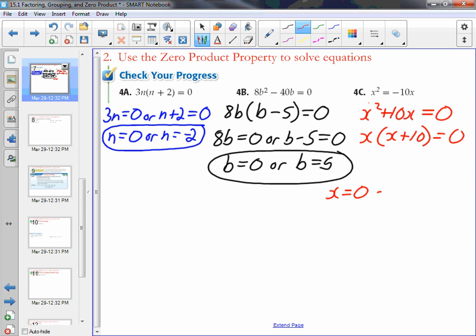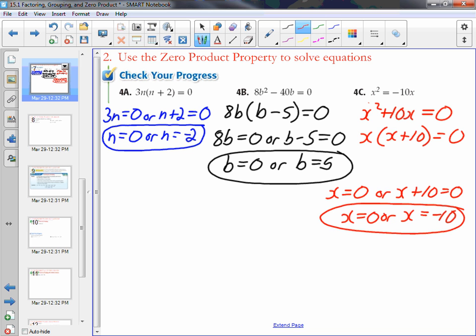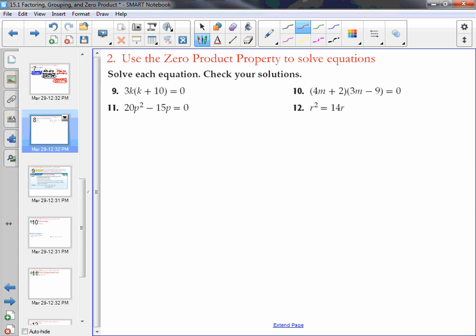So x equals 0 or x plus 10 equals 0. So x equals 0 or x equals negative 10. All right. Any questions? All right. Do these.